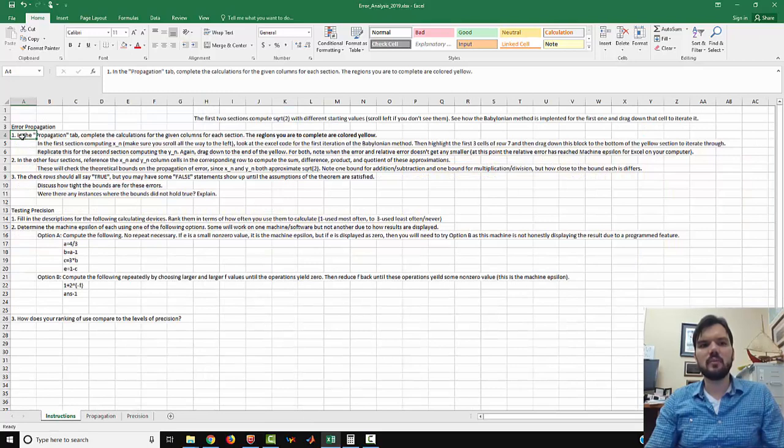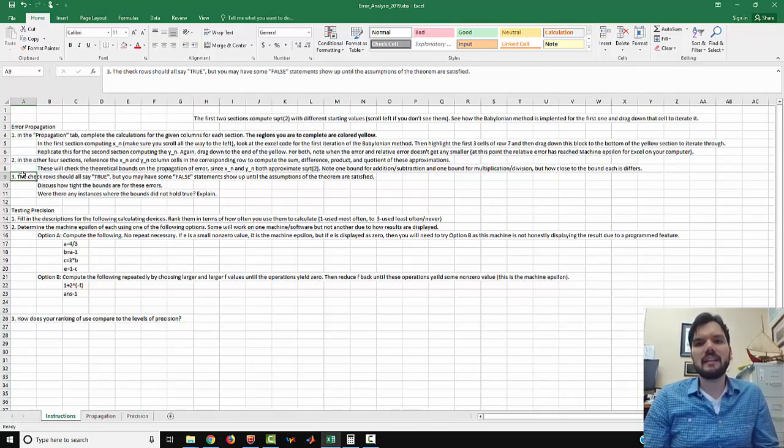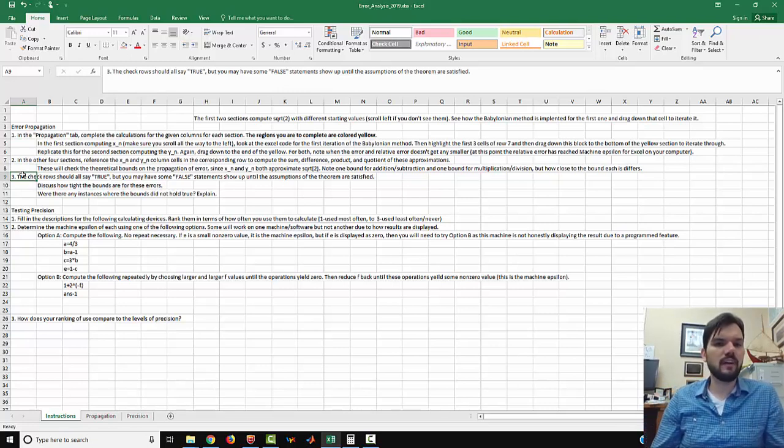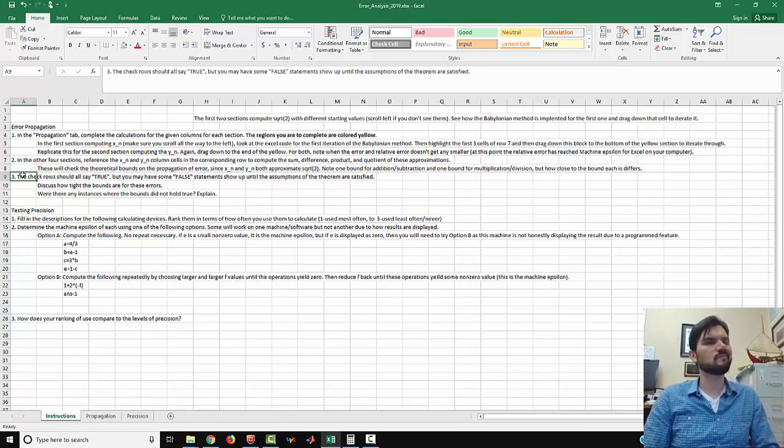So there you go. 1, propagation tab. 2, the other 4 sections, we're looking at those. And 3, which one we did do? Well, I mentioned a little bit, is that you should have all true values. Well, theoretically, we should have all true values. You're not going to get all truths, I don't think so. There will be some false statements that show up, and that's part of the assumptions built into the theorems.